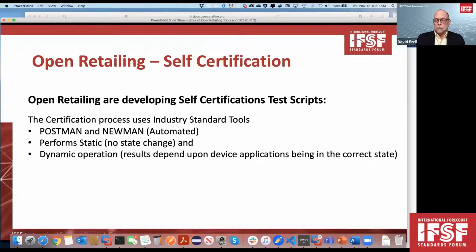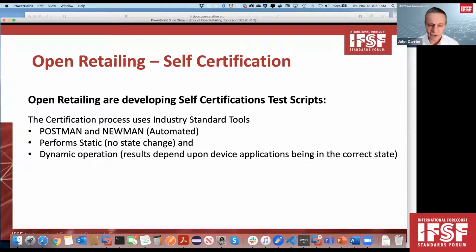Postman, well-known ability to create scripts in the API world, we support that completely. And through Postman, we can also support Newman, because Newman can automate the use of Postman scripts. We think this is a very powerful set of tools that is coming online rapidly. And check out the FAQ for details.